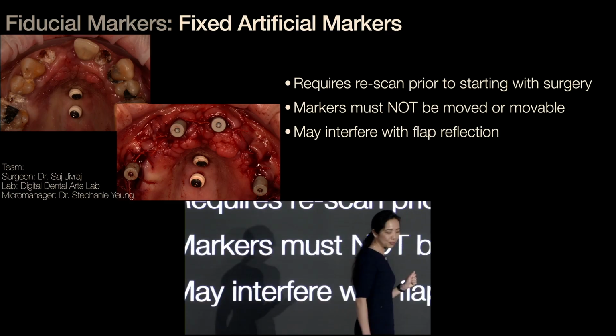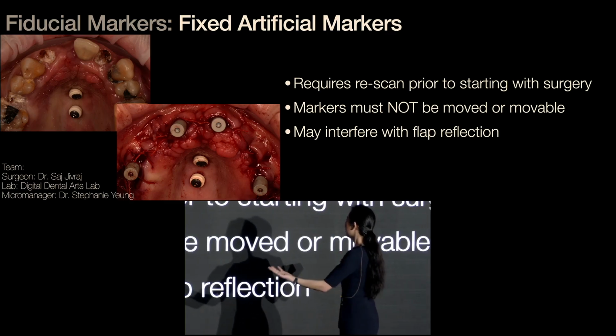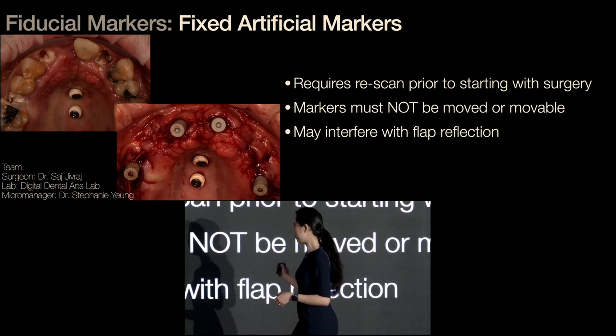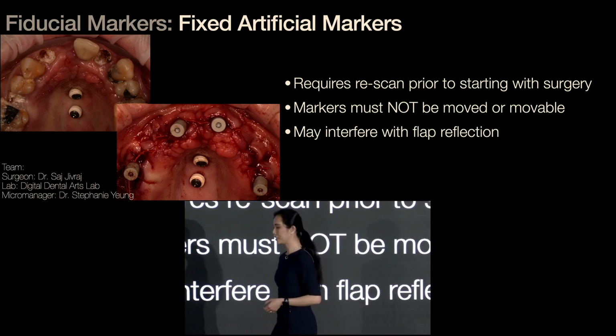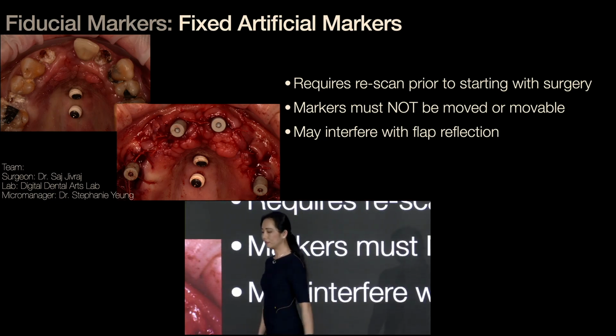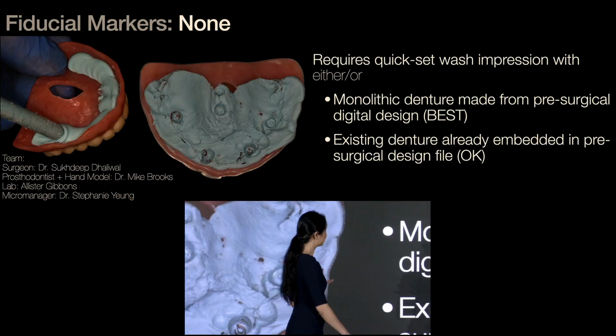With fixed artificial markers, it requires a rescan prior to starting, again. Markers might not be movable, and they may also interfere with the flap. So if you have a zygoma patient, and for whatever reason you need to reflect the palatal flap more, that might change your outcomes.